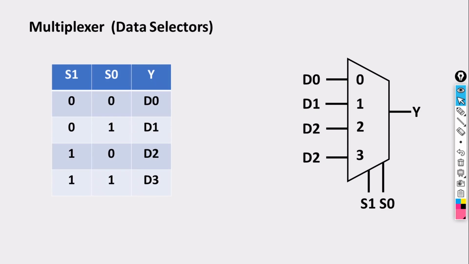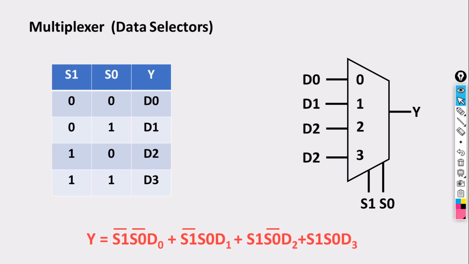Based on the truth table, we can have our output Y be D0, D1, D2, D3 based on my select lines S1 and S0. The Boolean equation is S1 bar S0 bar D0 plus S1 bar S0 D1 plus S1 S0 bar D2 plus S1 S0 D3.